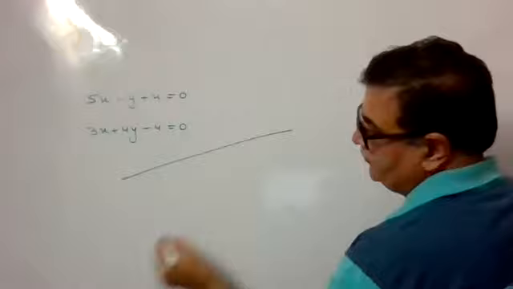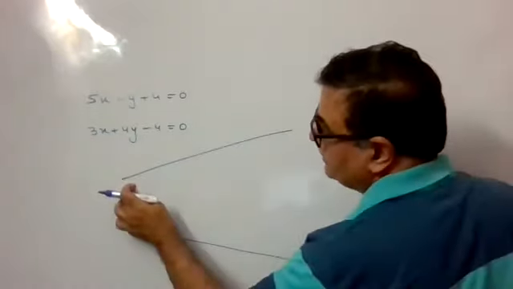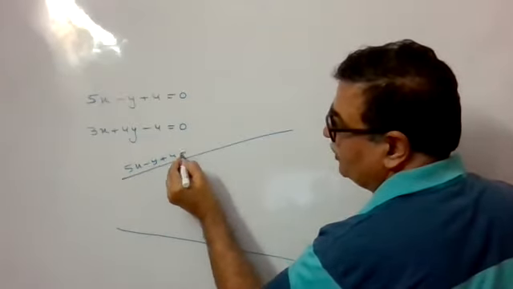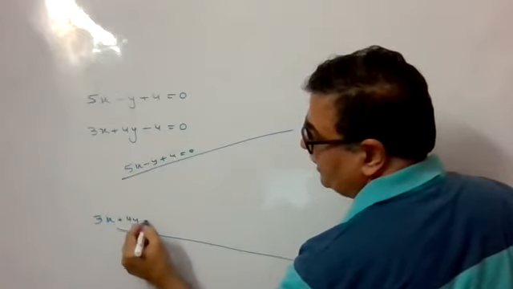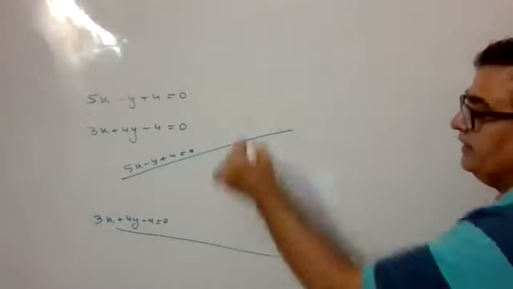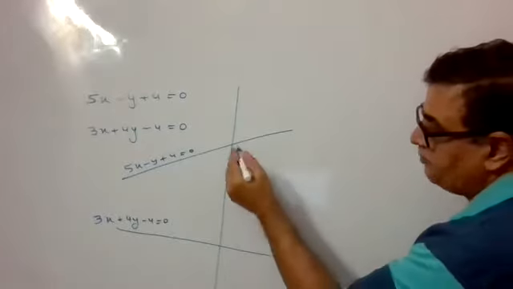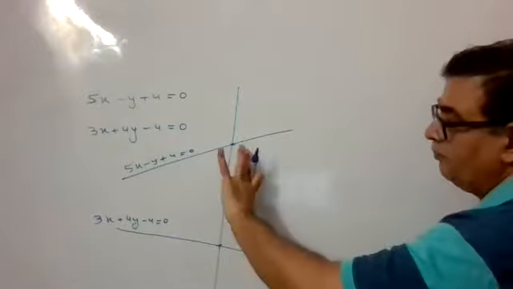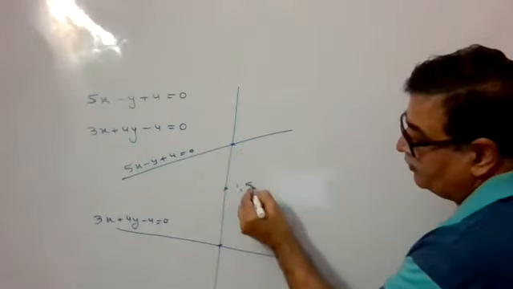These are the two lines we have. I'm not saying they are parallel. Anyway, they can have. So this line is 5x minus y plus 4 equal to 0. Another line is 3x plus 4y minus 4 equal to 0. One line is here, which is bisected between these two lines at 1 comma 5.